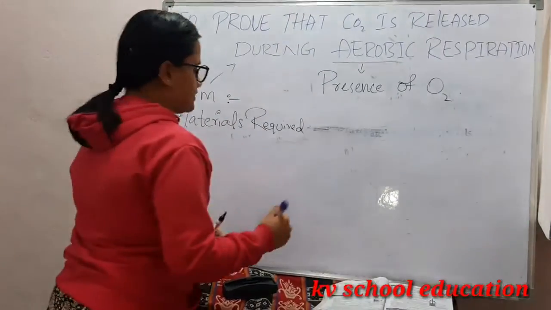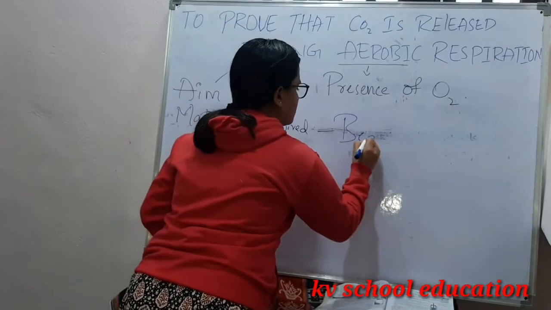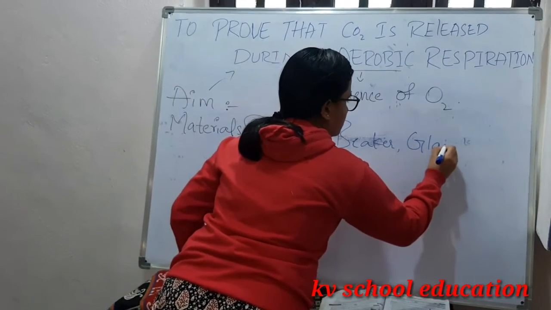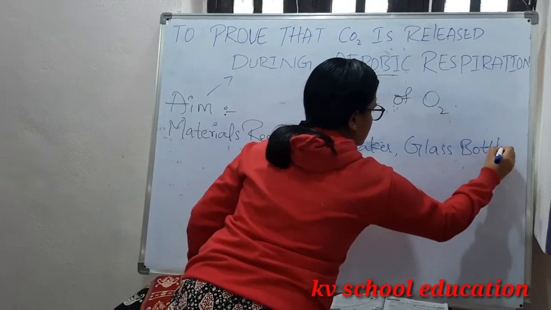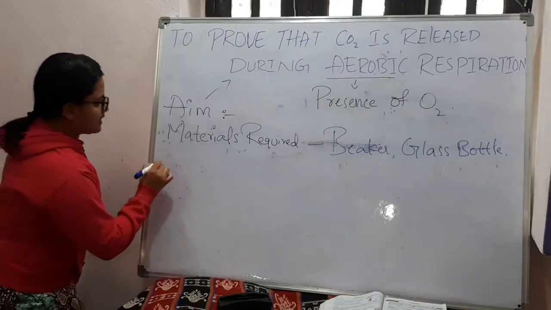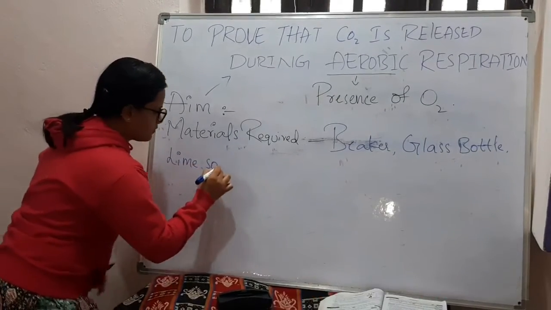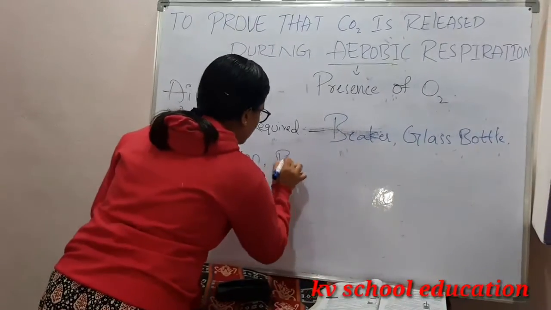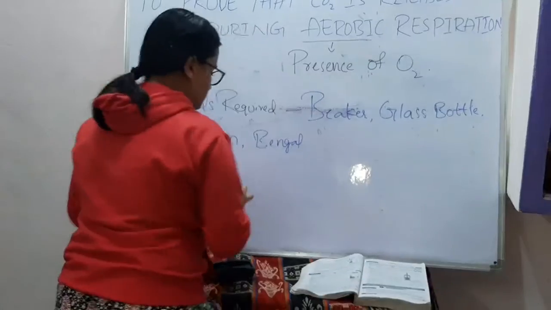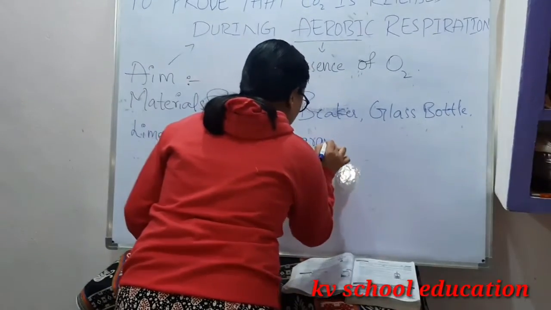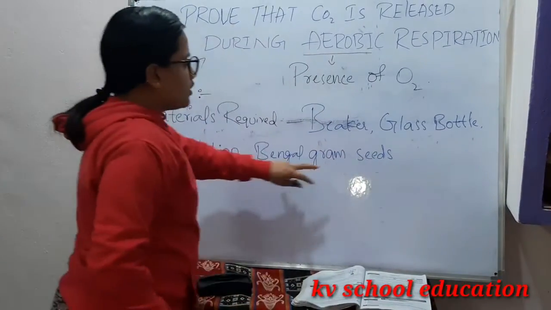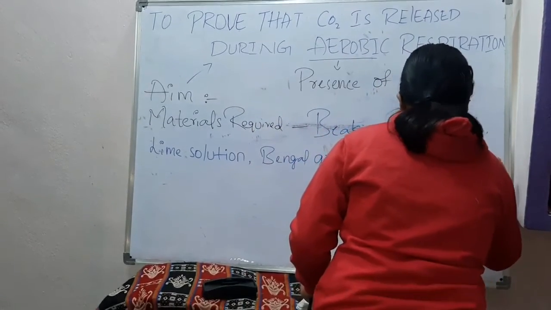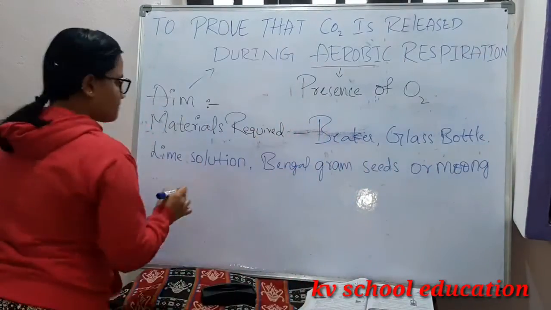First, a beaker, a glass bottle, lime solution, and Bengal gram seeds or moong seeds.